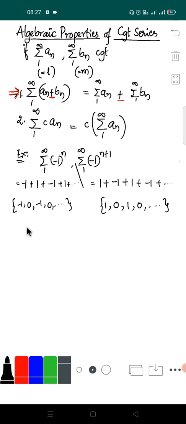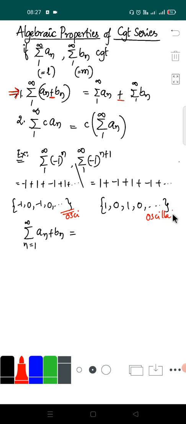So if we add this term by term, an plus bn, where n goes from 1 to infinity, each individual sequence oscillates finitely.